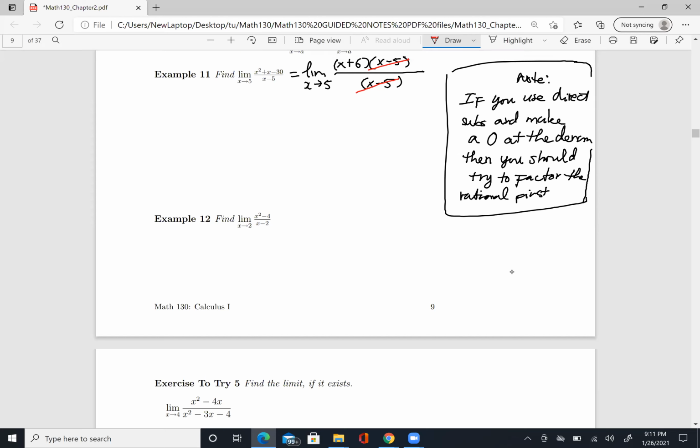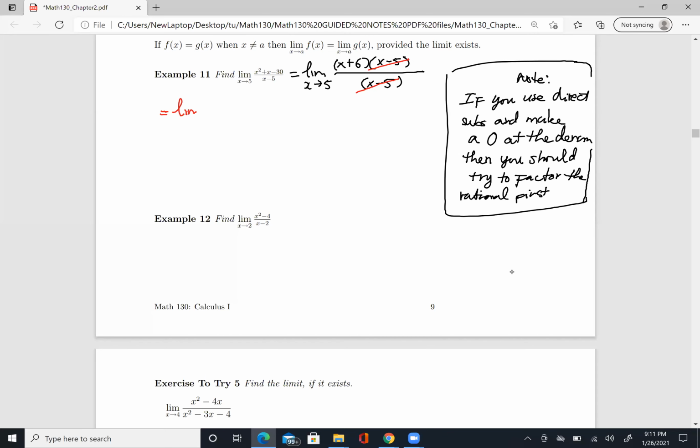Now you will have the limit of only x plus 6 when x goes to 5. And now you can direct substitute. So 5 plus 6, without any issue, is going to be 11.